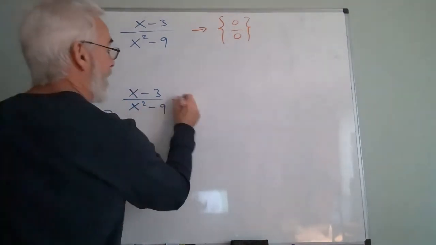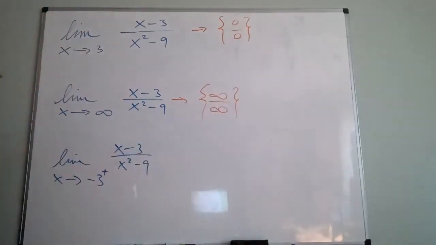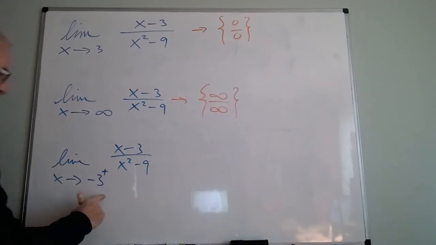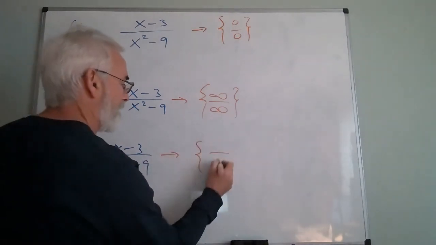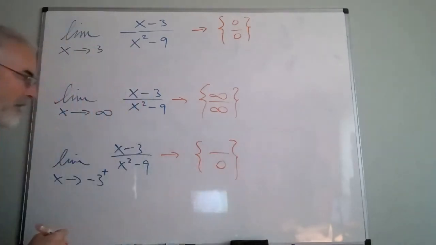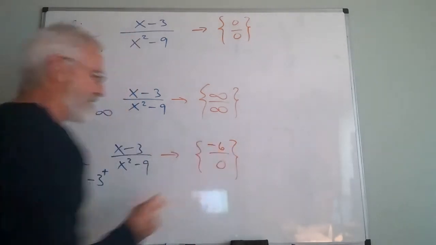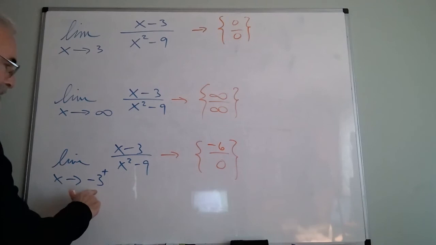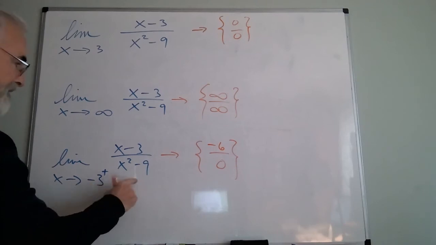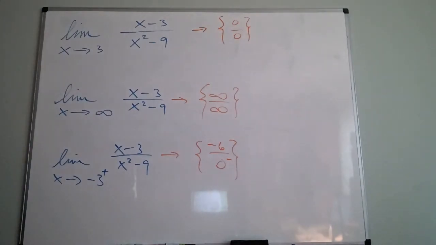Technically, yes, it's still infinity over infinity form, but I can use degree perhaps. And in this case, as x approaches negative 3, my denominator is most definitely approaching 0, but my numerator is approaching negative 6. So if I'm approaching negative 3 from numbers bigger than negative 3, then x squared minus 9 would always be negative.